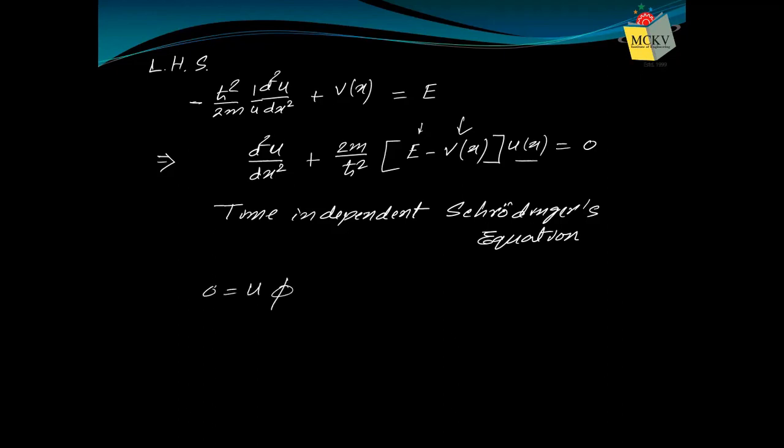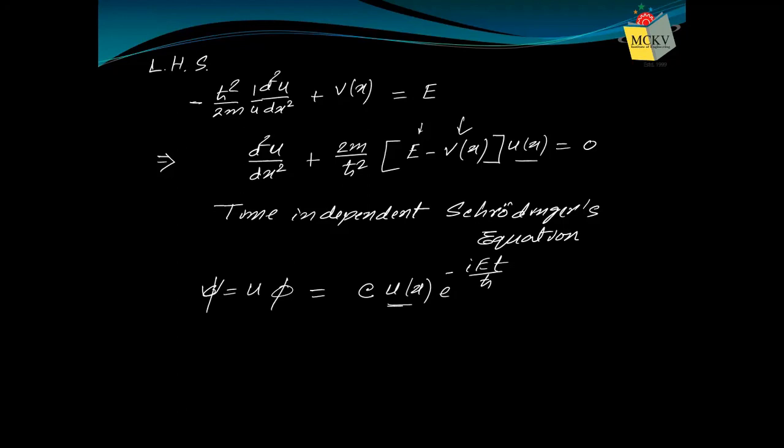That will be your psi. What is the form of phi we obtained? e to the power minus iEt by h cut, an exponentially decaying function. So you observe, we only need u. Once you know u, energy is known. That means all the quantities are known.